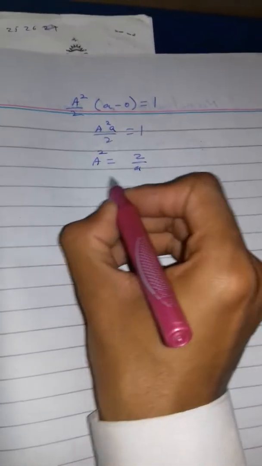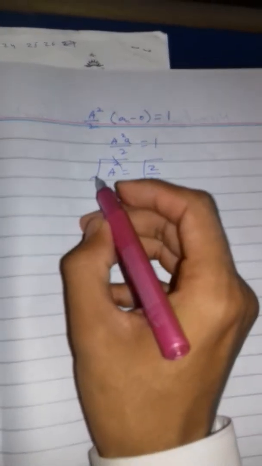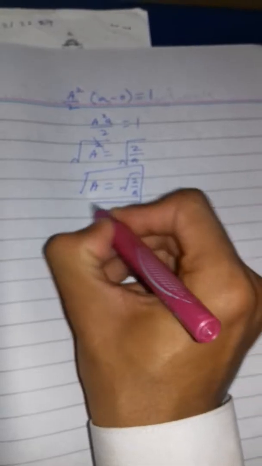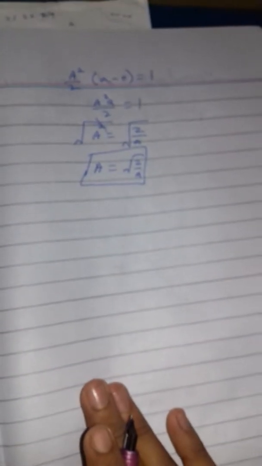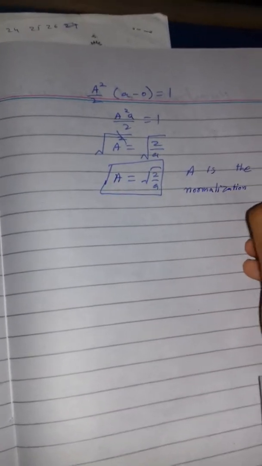A² is equal to 2 over a, and now take the square root on both sides; the square cancels the root. A is equal to √(2/a). This is the normalization factor. A is the normalization factor.